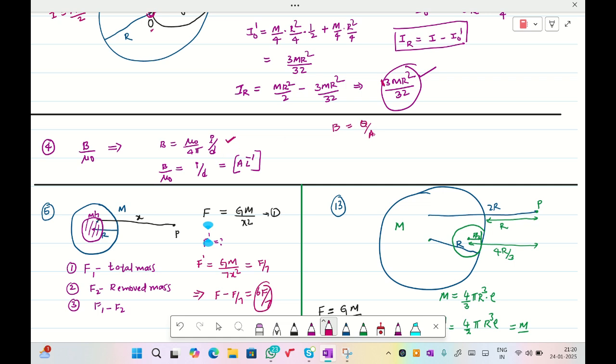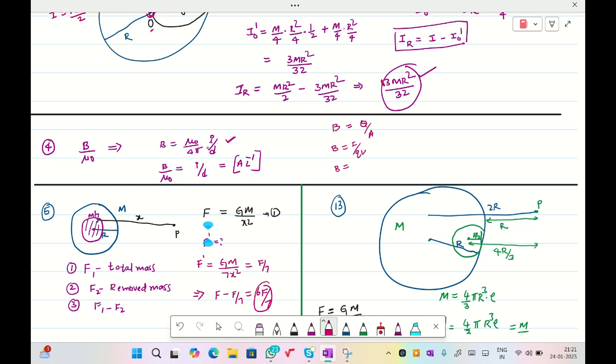If you take B equal to flux by area, or B equal to F by qV, or B equal to... in the question it is not mentioned B due to which source, but I have taken the straight infinite conductor magnetic field. For all conductors, B is proportional to I and inversely proportional to d.